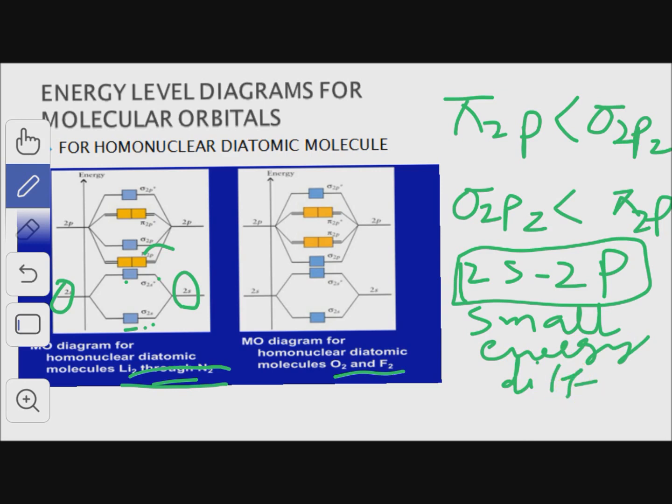Due to this small energy difference, the electron repulsive forces dominate over the attractive forces, and these repulsive forces raise the energy of the sigma 2pz and make it lie above the pi 2p orbital. That's why the pi 2p orbital has lower energy than the sigma 2pz orbital.